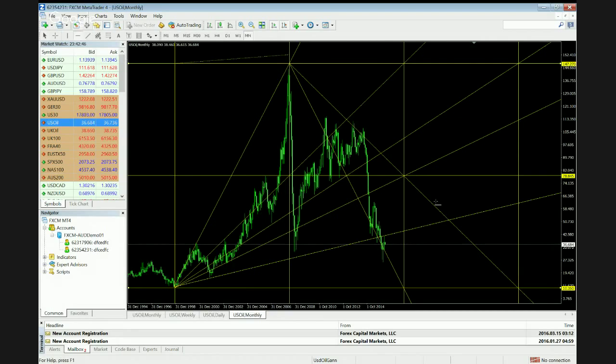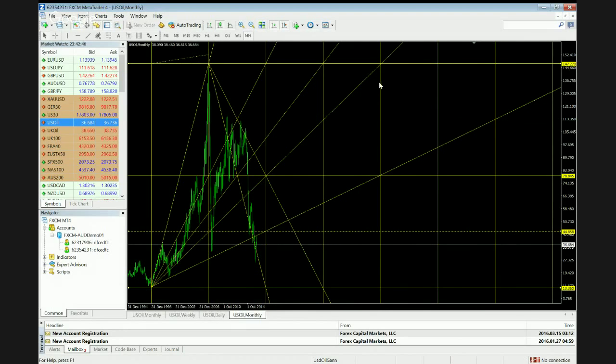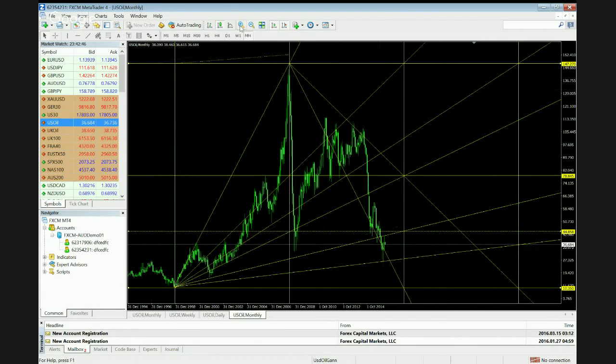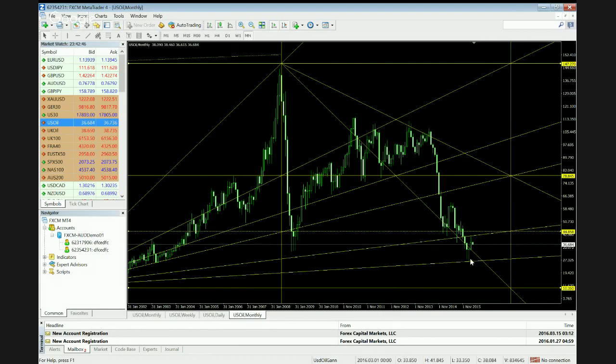Okay, this is 1 by 4 and this is 1 by 8. 1 by 16 is again important, especially this month. It was very important, and it was covering the bottom of the price like 2 months ago here.